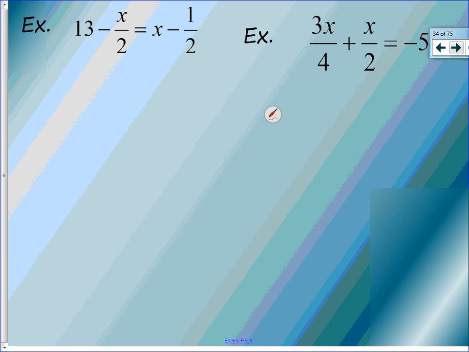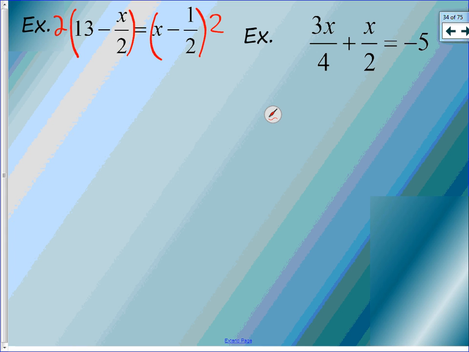You just multiply the final. Yes. So looking at this example, we have 13 minus x over 2 equals x minus 1/2. So what is the least common multiple? 2. So I'm going to multiply the left side by 2 and the right side by 2.